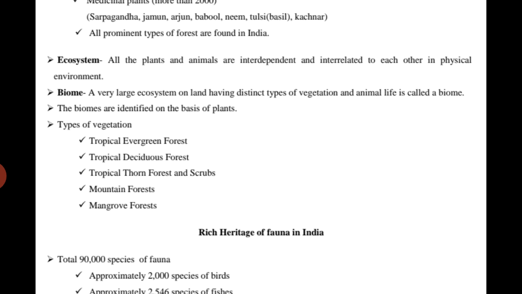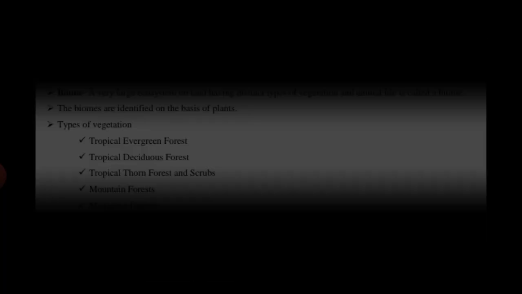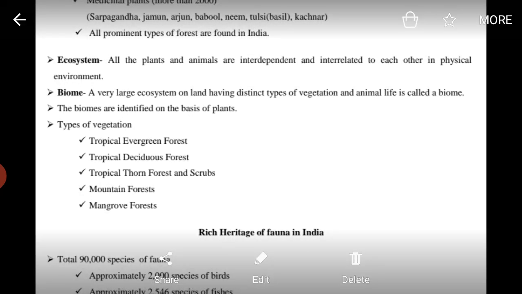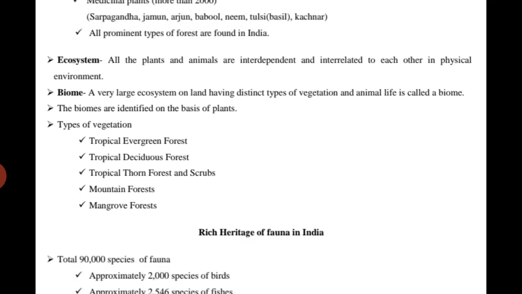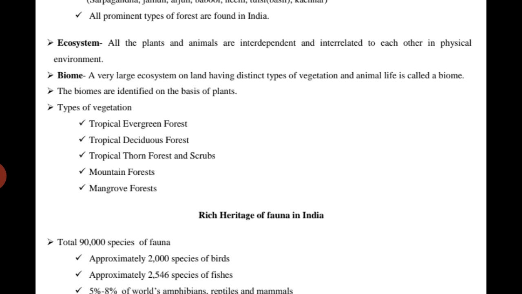The third point is precipitation. We know that water is very important, and when we are talking about natural vegetation, nature has made arrangements for precipitation or rainfall. So rainfall plays an important role. The areas which receive good rainfall have very dense vegetation cover, while the areas with less rainfall have sparse vegetation cover.